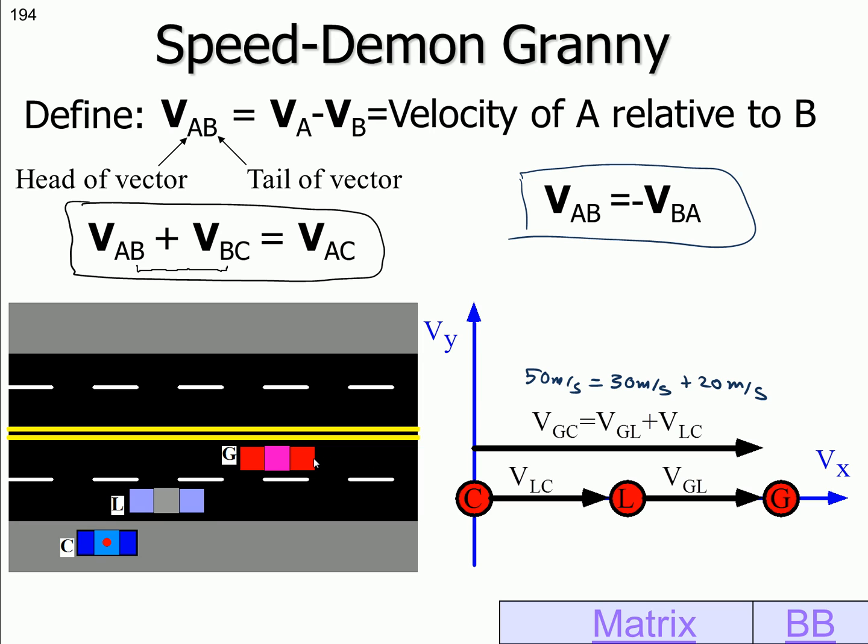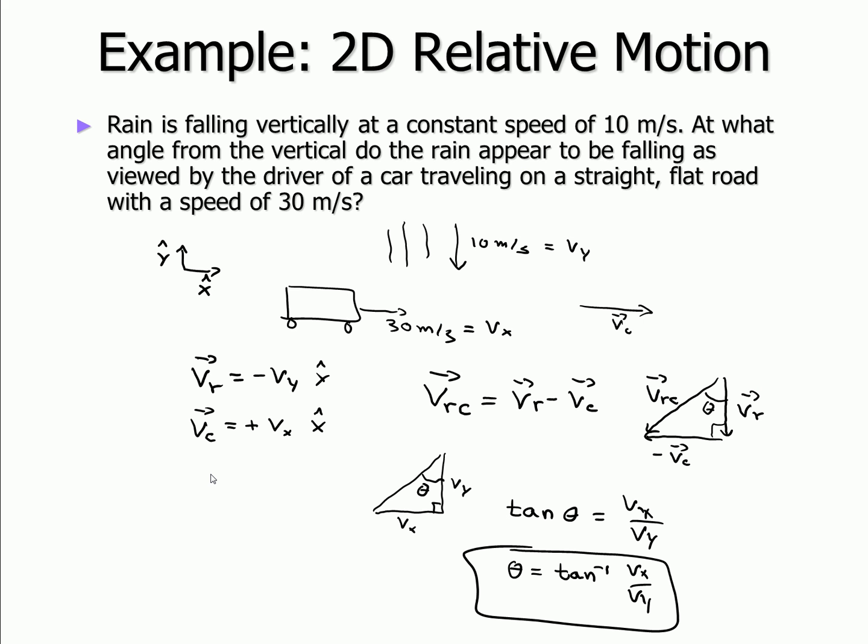And then in the third reference frame, Granny's frame, Granny will be at rest, L will be moving to the left, and C will be moving even faster to the left. So these are the different reference frames, and the idea is that the laws of physics can describe all of these reference frames.